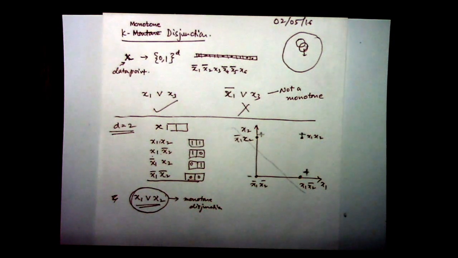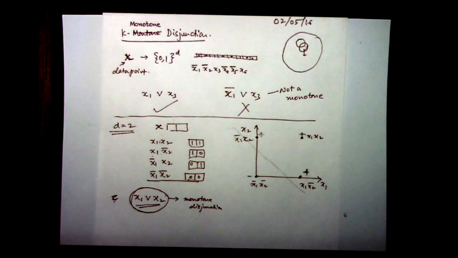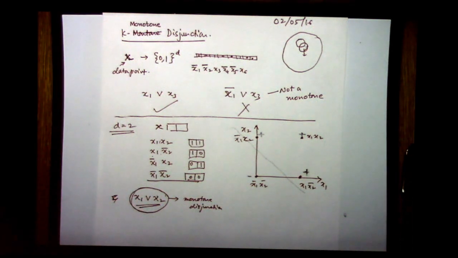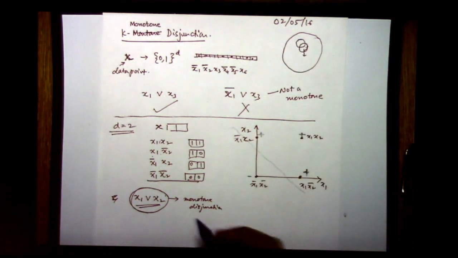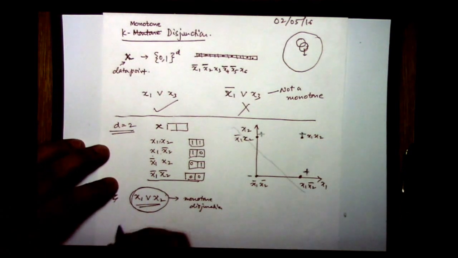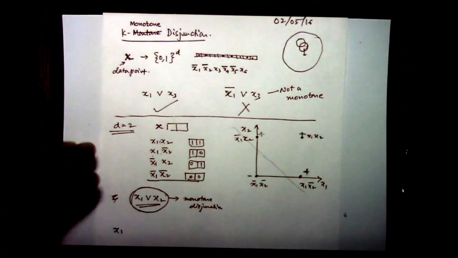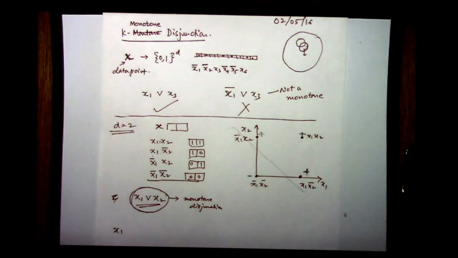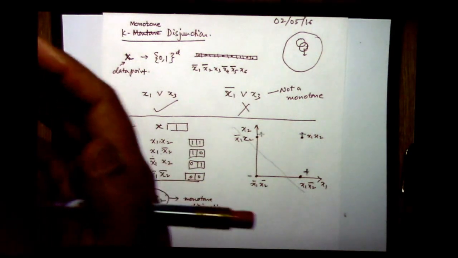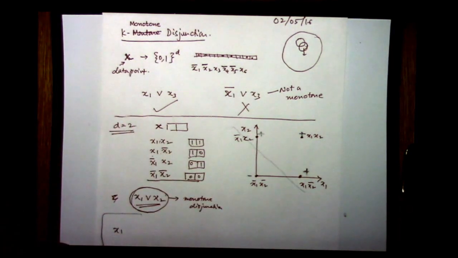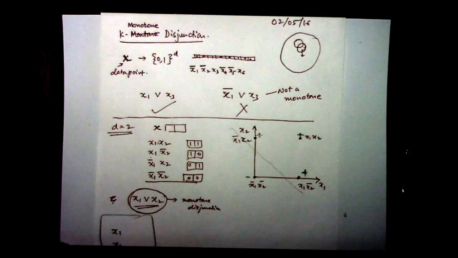Now remember, there could be a lot of concepts, right? So if you go to this concept space, you can have many concepts. A concept like x1, which calls everything in which x1 is 1 as a malignant tumor. You could have a concept x1 bar, which calls anything for which x1 is 0 as malignant.